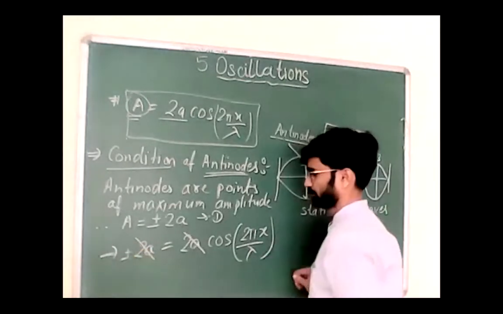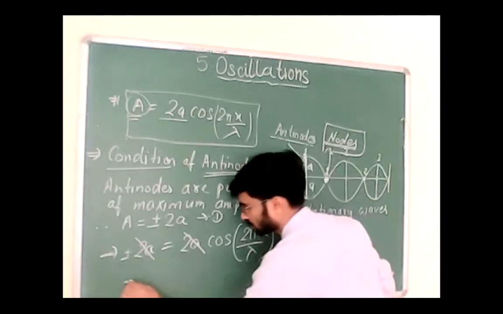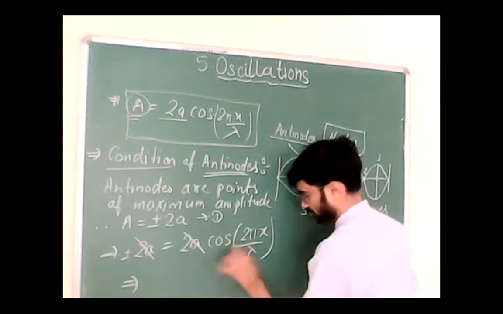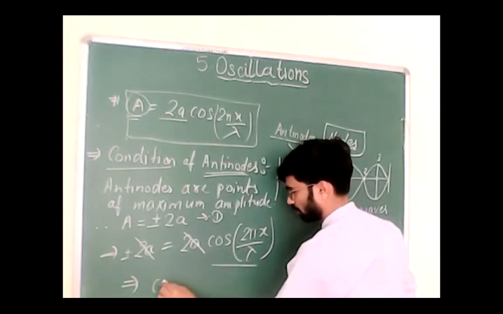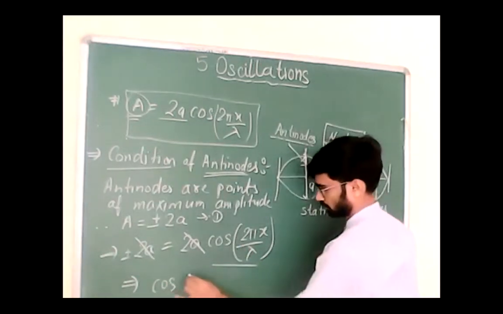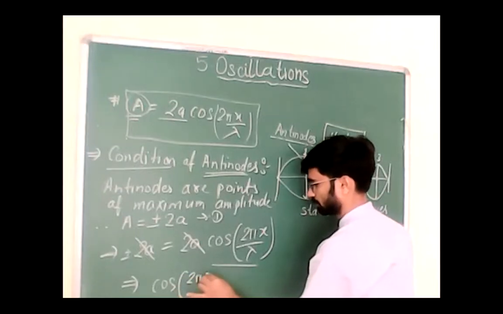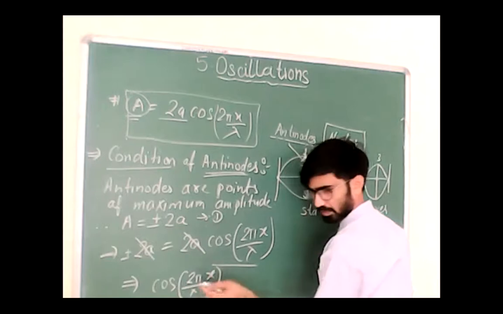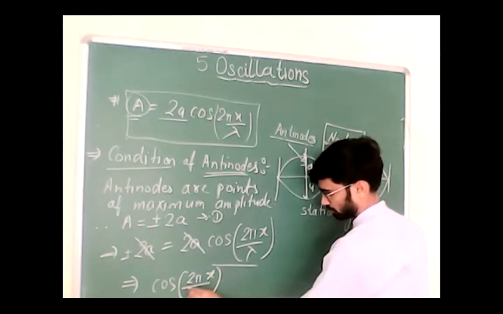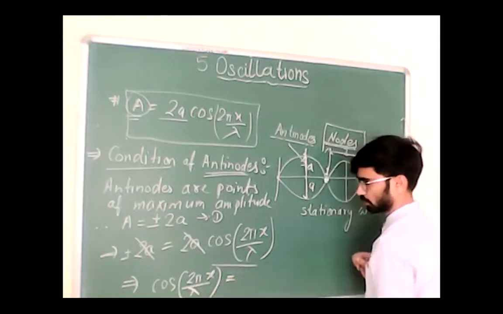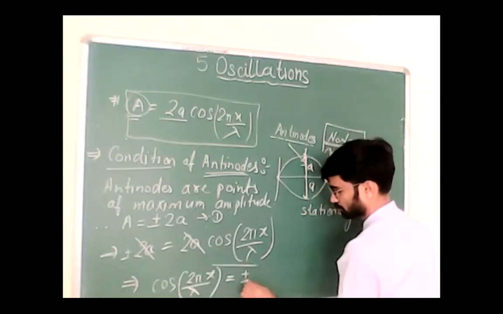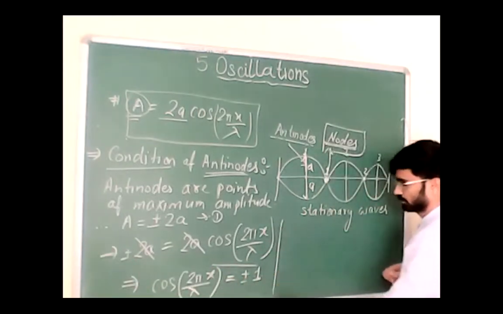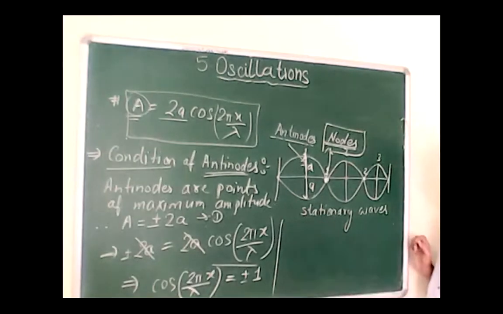That means you can write cos(2πx/λ) is equal to plus or minus 1.